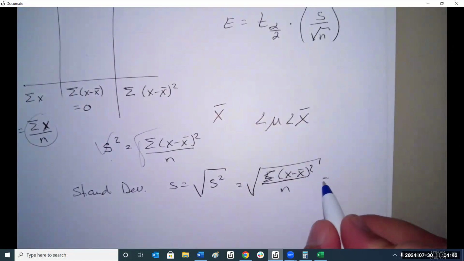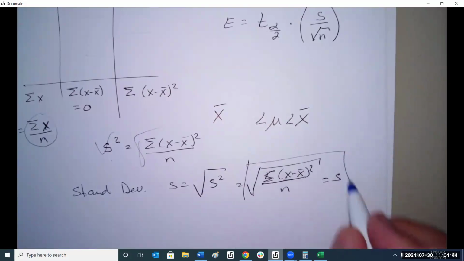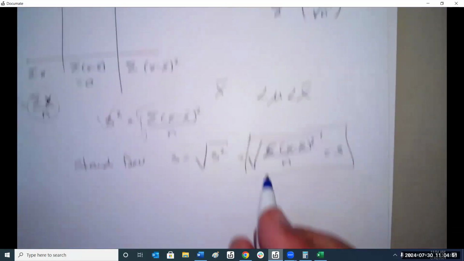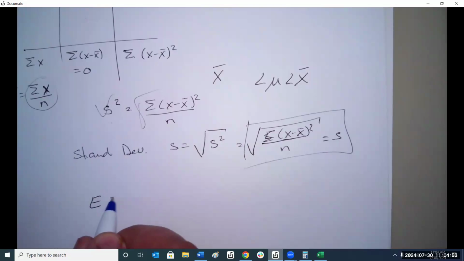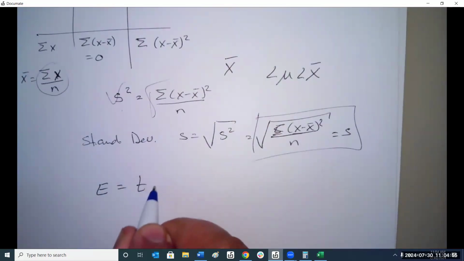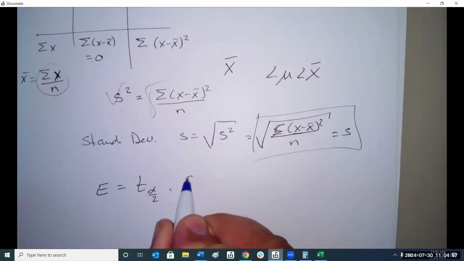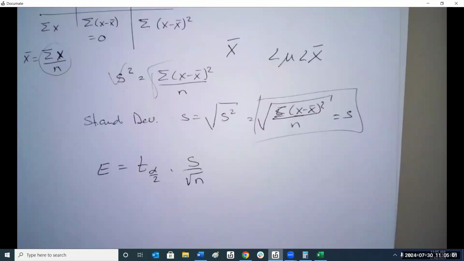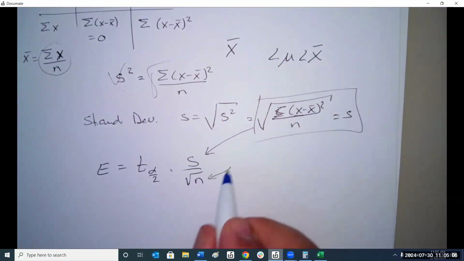That gave me s. I needed s to find my error. So this value goes on top. My n was 26.